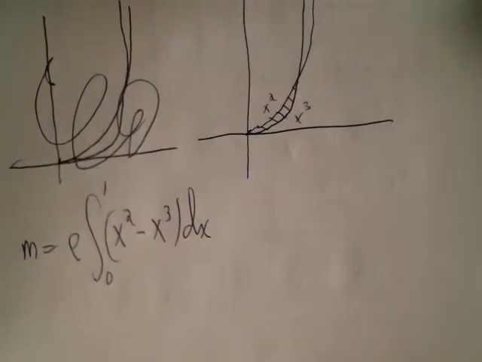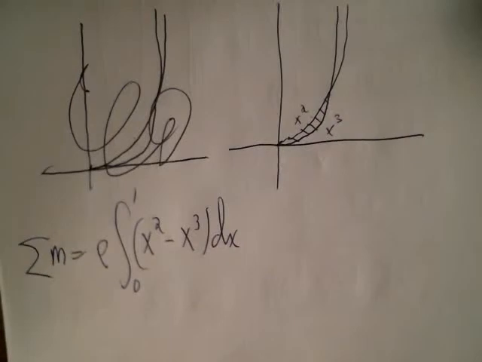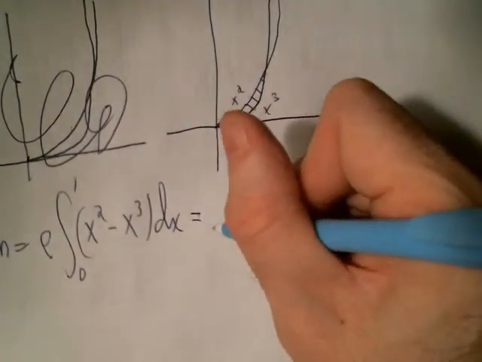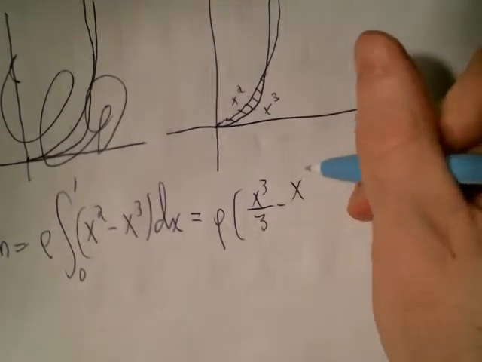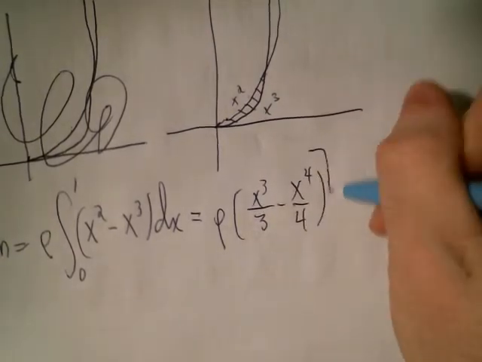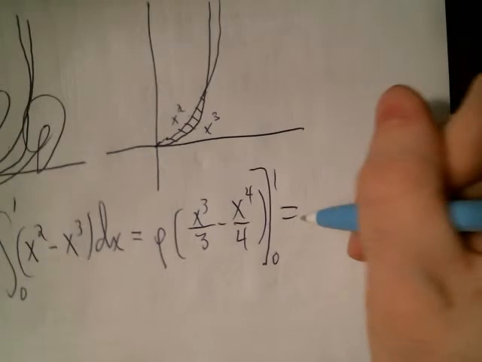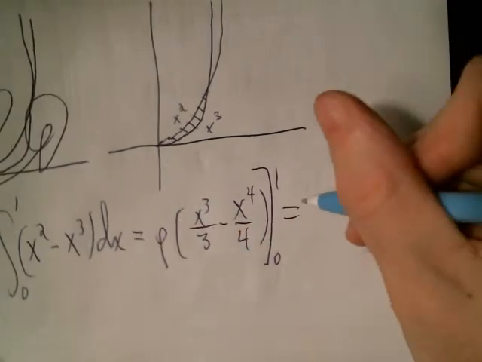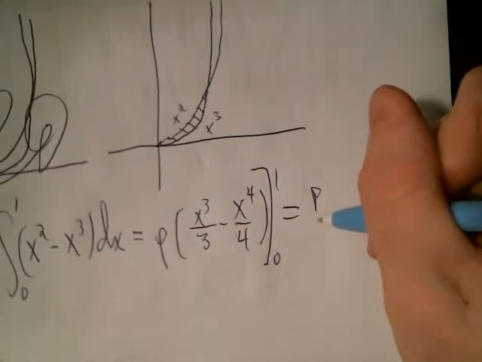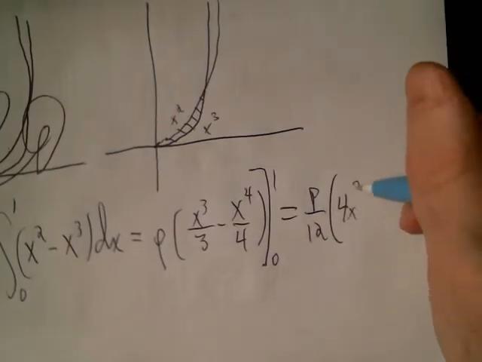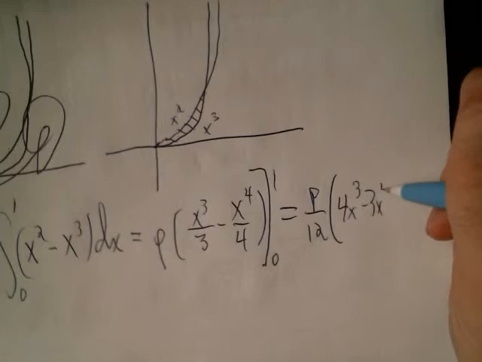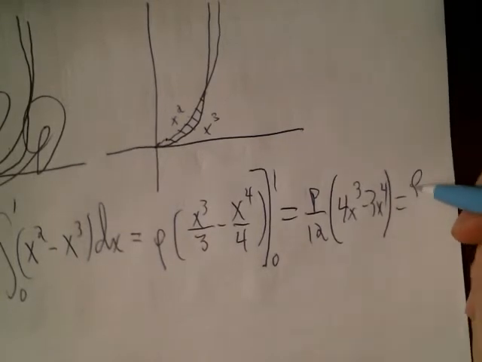So that would give us the total mass. So this will be rho times x cubed over 3 minus x to the 4th over 4, evaluated from 0 to 1. Let's factor out 1/12th. So rho over 12 times 4x cubed minus 3x to the 4th will be just rho over 12.